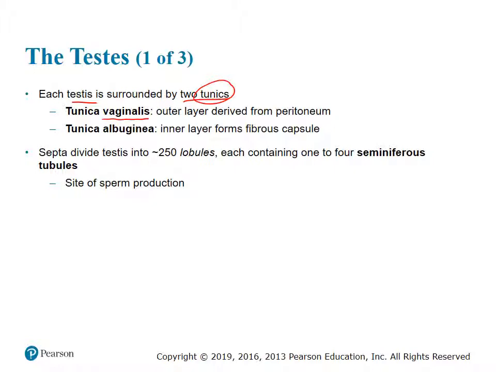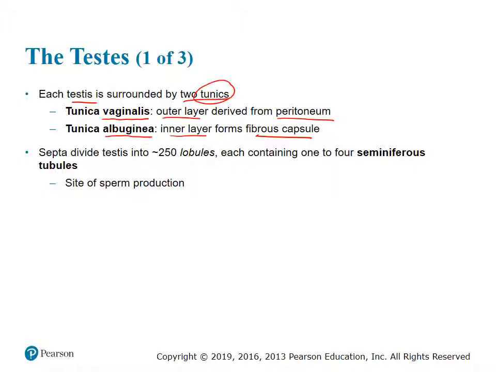The tunica vaginalis is the outer layer, and the tunica albuginea is the inner layer. 2 different types of tissue here. The inner layer is fibrous tissue, more strong connective tissue, and the outer one is peritoneum, more of a looser connective tissue.